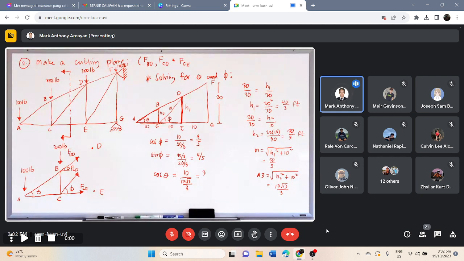That is 3 square root of 13 over 13. And then sine theta is H2 over the hypotenuse, so 20 over 3 divided by 10 square root of 13 over 3, that is equal to 2 square root of 13 over 13.